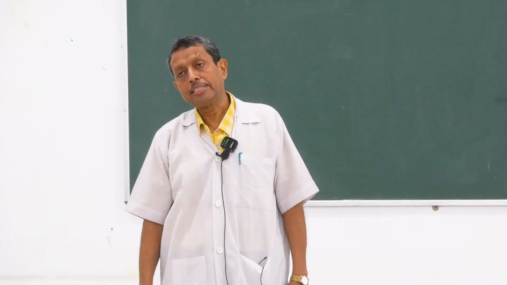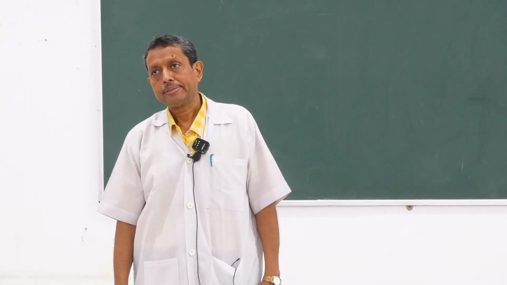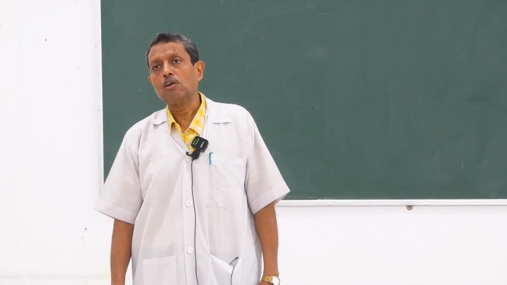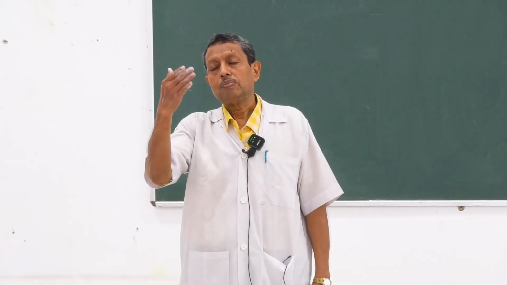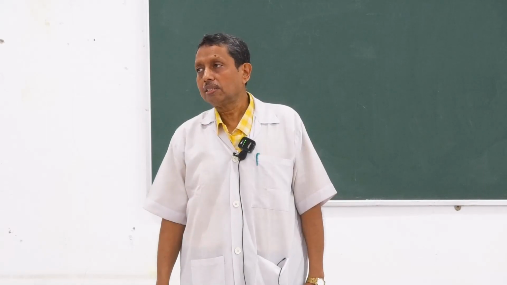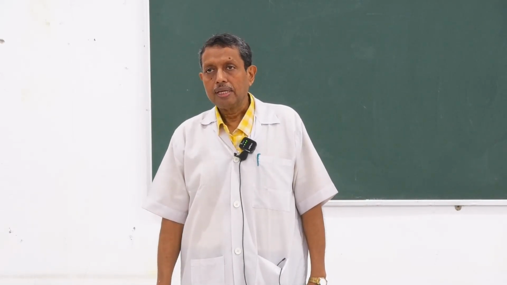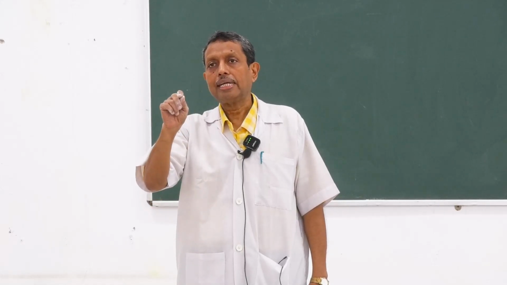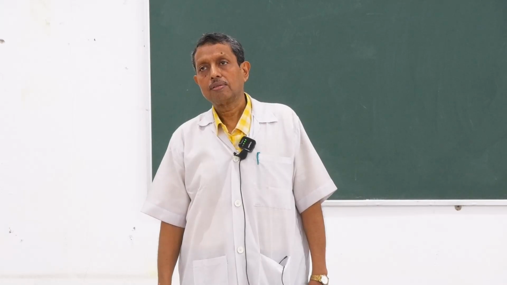It may appear in the theory paper. Accommodation. In a normal individual with emmetropic eye, light rays coming from the distance is being focused into the retina, and nearby rays, that is within 6 meters or so, they are diverging.